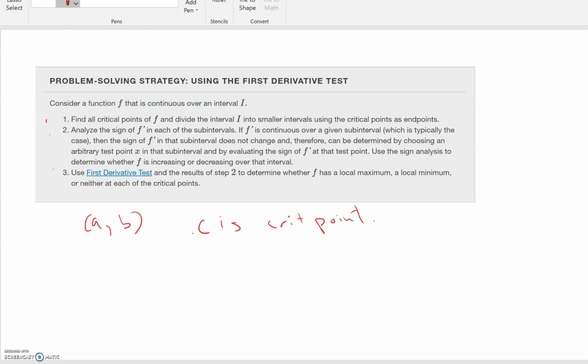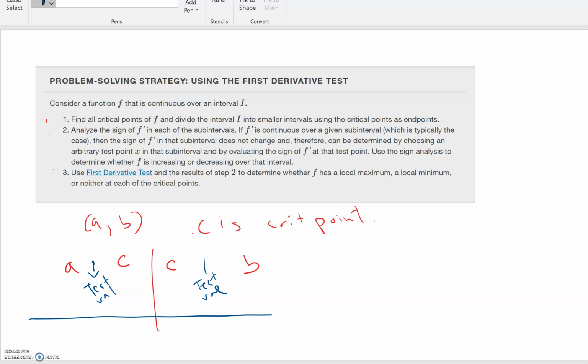Then in this case, for one critical point, you'd look at A to C, and then you'd look at C up to B. And then we would choose a test value in each of these subintervals and calculate the value of the derivative, that's f prime.